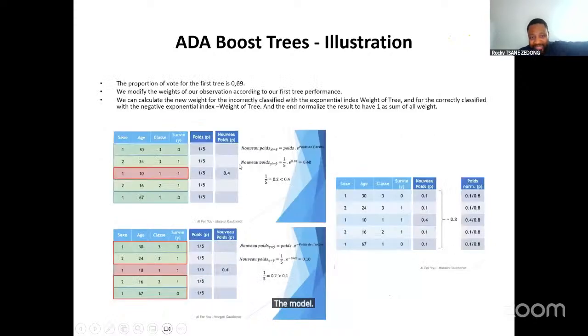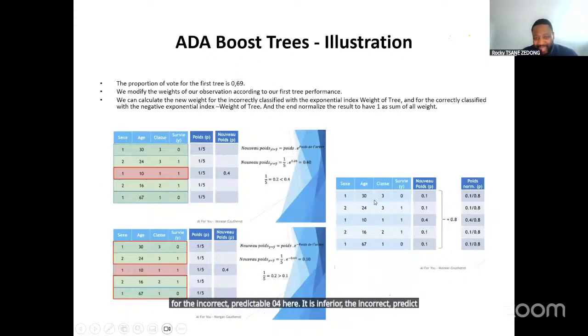When you calculate it, for example, for the incorrect predictions it is 0.4 here, and for the others we calculate 0.1 for the correct predictions.